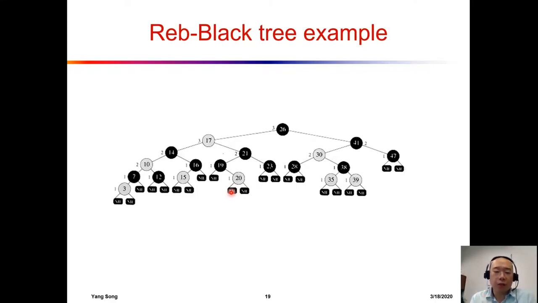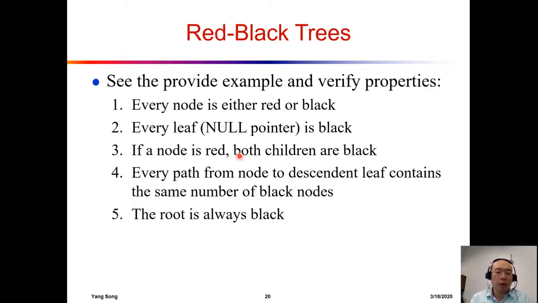If we count 21, the black height is 3. Or if we want to exclude the 21, then the black height will be 2, right? So what is the height of 21? The height of the 21, we should take the longest path from 21 down to a leaf, and that is 21, 19, 20, and a nil. So that is 1, 2, 3, 4 if we count the 21, and that is a 4. If we don't want to count the 21, that is a 3.